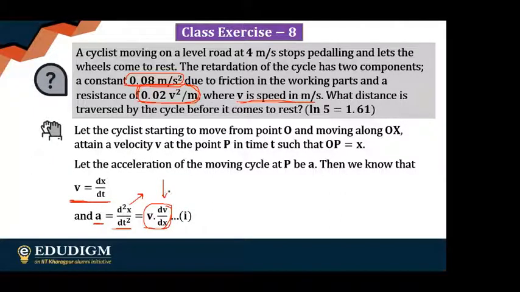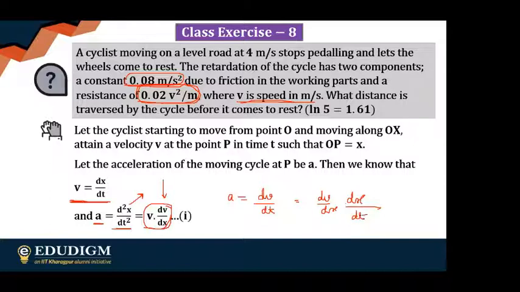Some basic chain rule and you'll be sorted. If you don't understand the step, you can let me know. A is actually dv/dt. So just try and understand what's going on. I can write this as dv/dx into dx/dt.